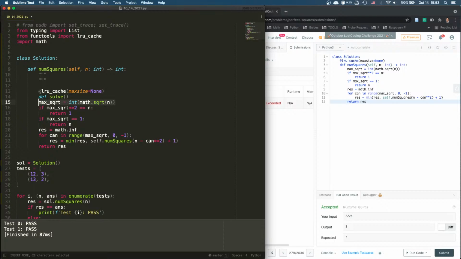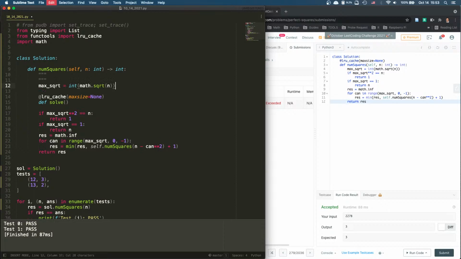But here, we can call it square list, right? Squares, equal to a list, range. Ooh, list range.